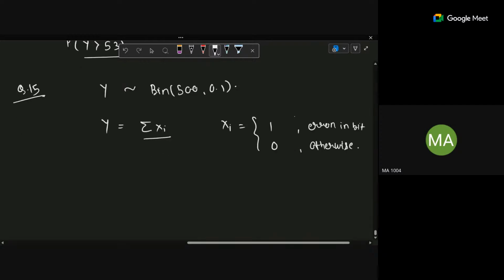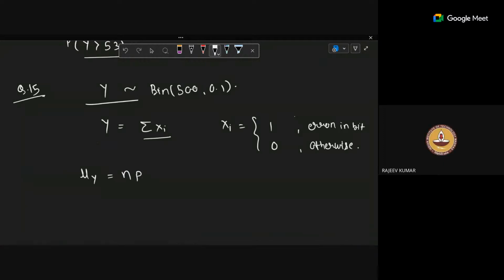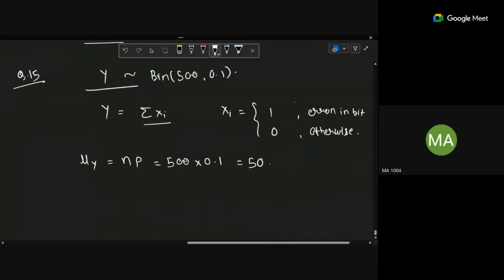Fine. So can I know what is the mean for y? If it is a binomial random variable, it is NP. 500 multiplied by 0.1, which is equal to 50. And do we need variance here? Yes.